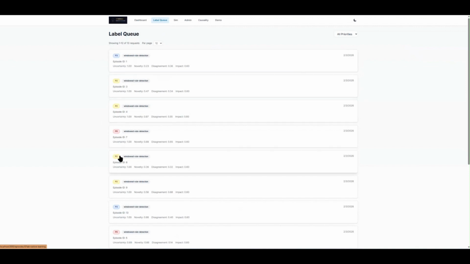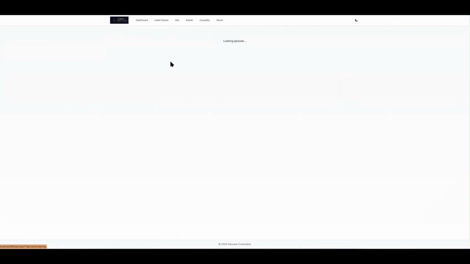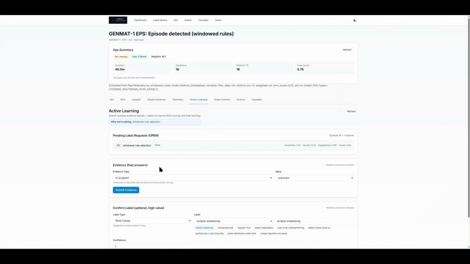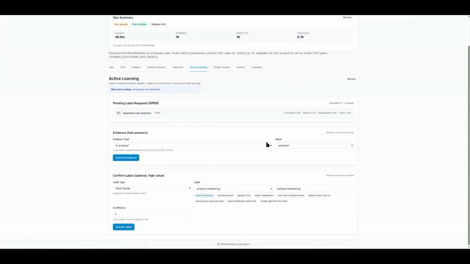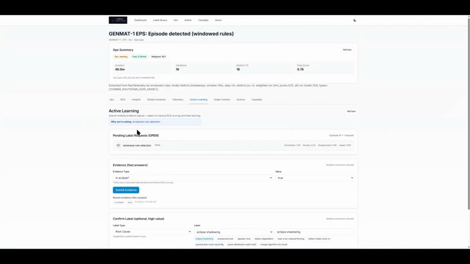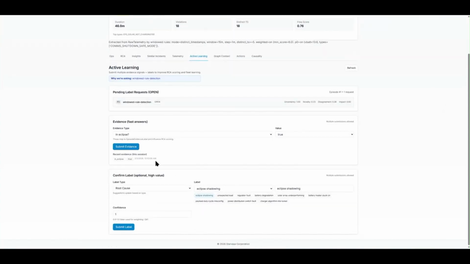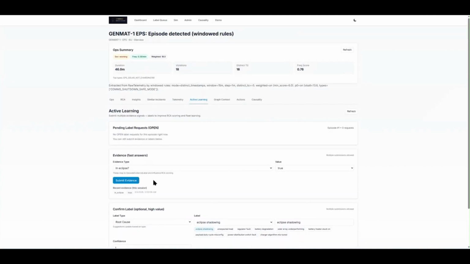The system wants it human labeled, so it puts it in the queue. You click on it, and the human can then submit evidence. I can submit true, submit evidence, say I've taken some action, say the root cause was this, submit the label with 95% confidence, and submit the episode evidence. So that will go.